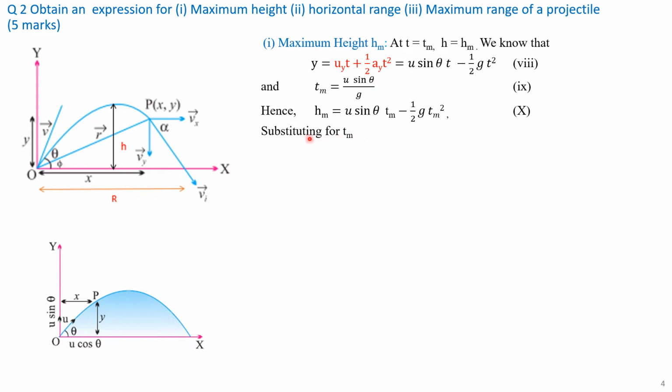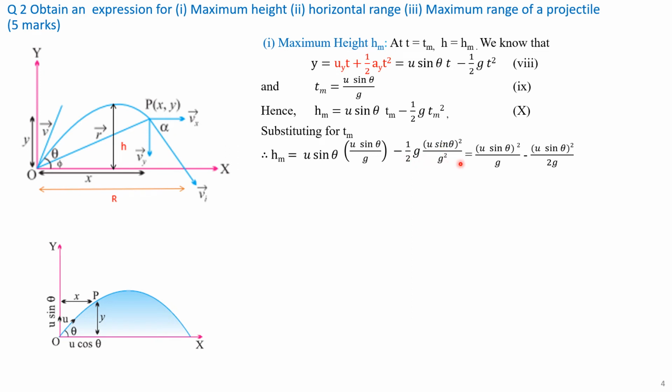Substituting for Tm, that is Tm is equal to u sin theta by g, we get Hm is equal to u sin theta into u sin theta by g minus half g into u sin theta whole square by g square, because the term here is t square.